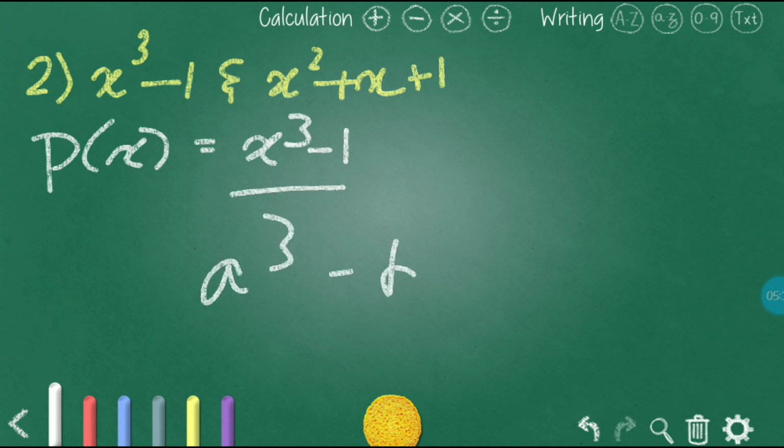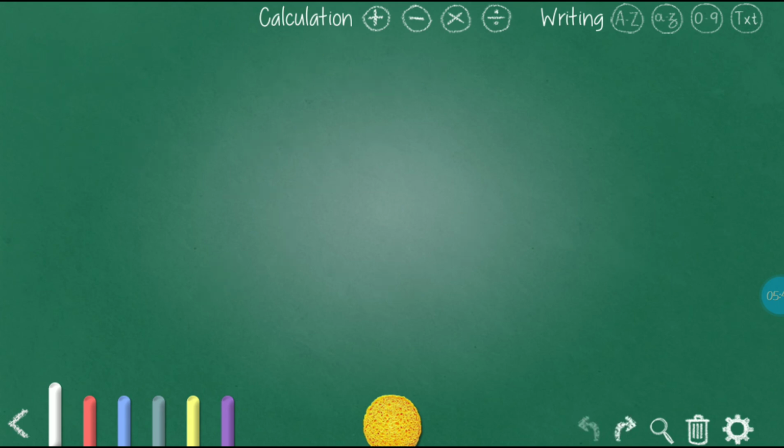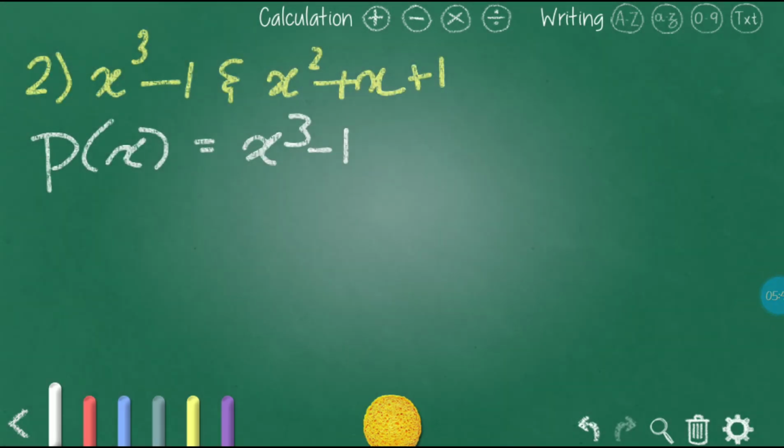Now by seeing this, we can identify it is a cube minus b cube. Here b cube is 1 cube, which is 1 only, so it doesn't matter that much. So it will become that formula. According to that formula, I am writing this x minus 1.